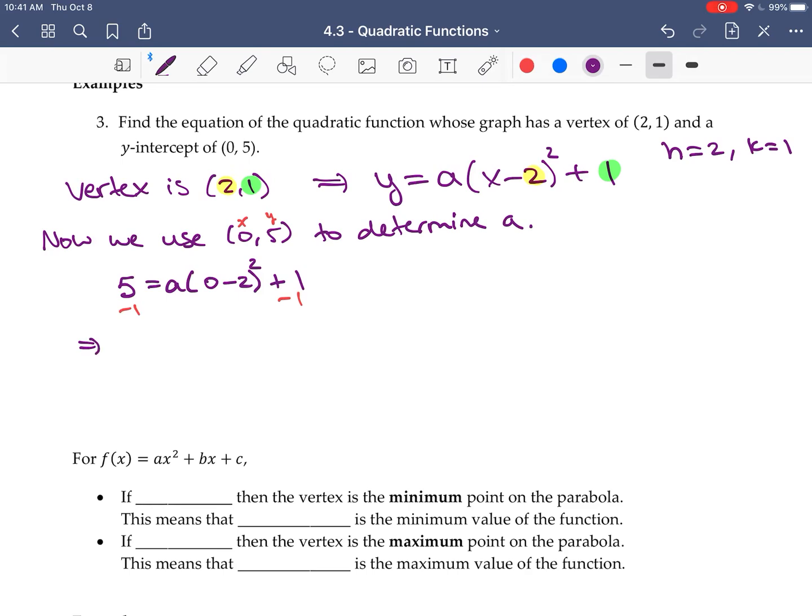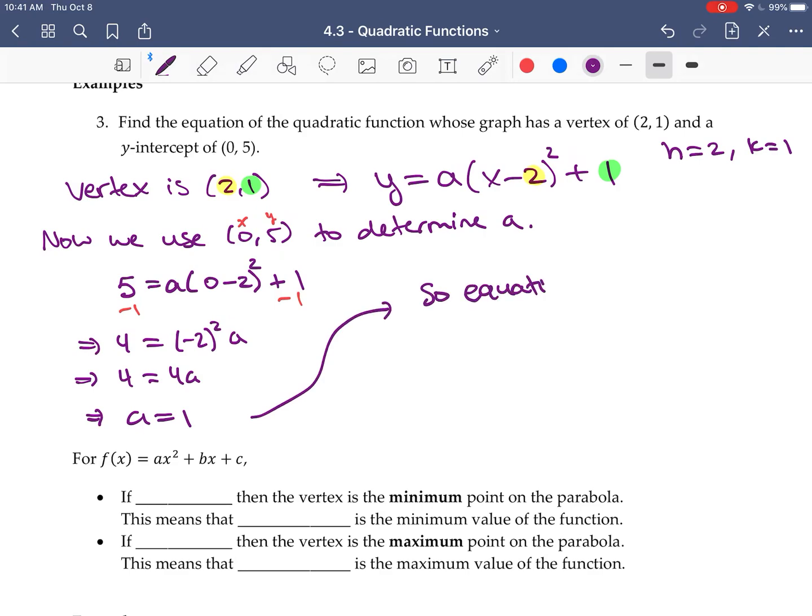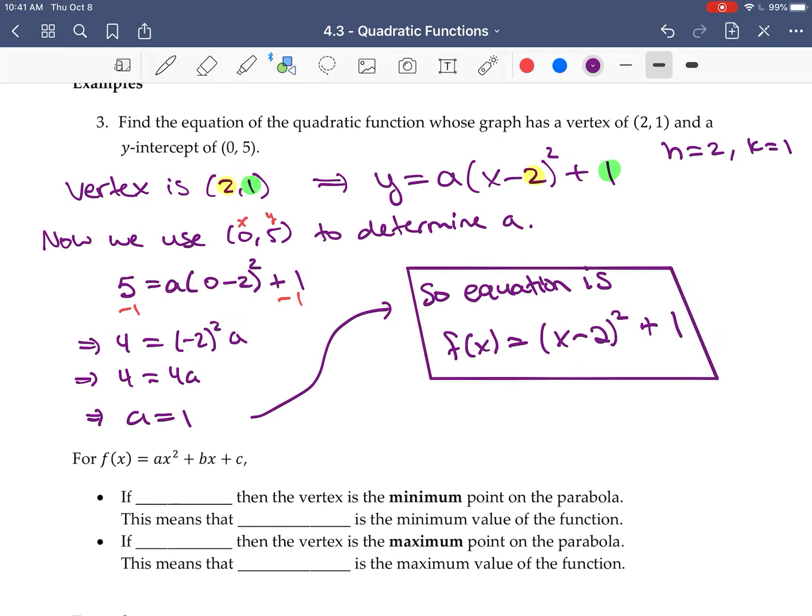That gives me 4 is equal to (-2) squared times a, which is 4a. So 4 equals 4a, which means that a has to be 1. So our equation must be f of x is equal to (x minus 2) squared plus 1, sorry. So that's our equation.